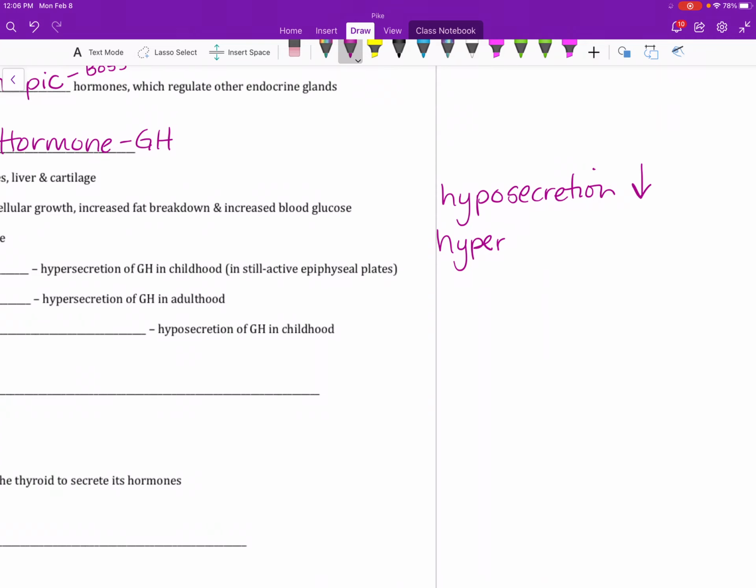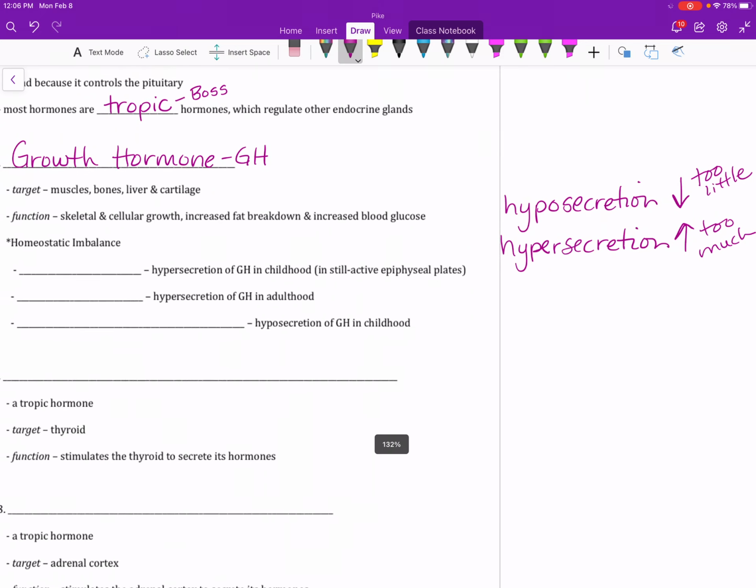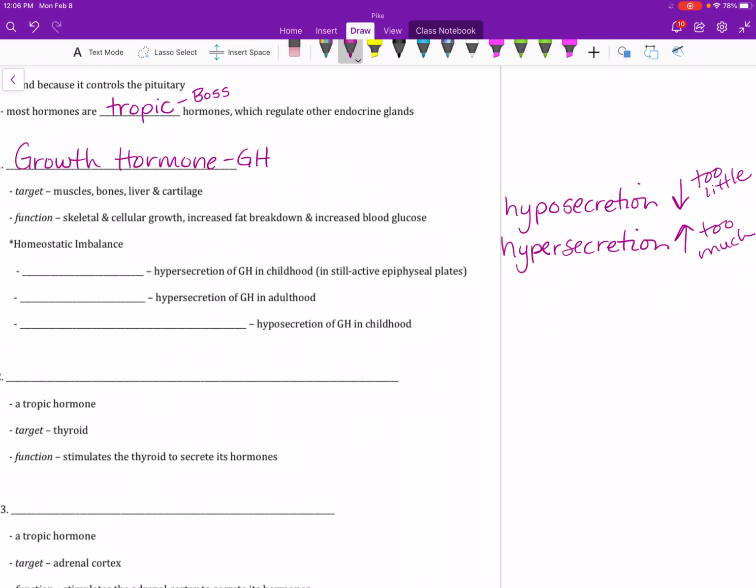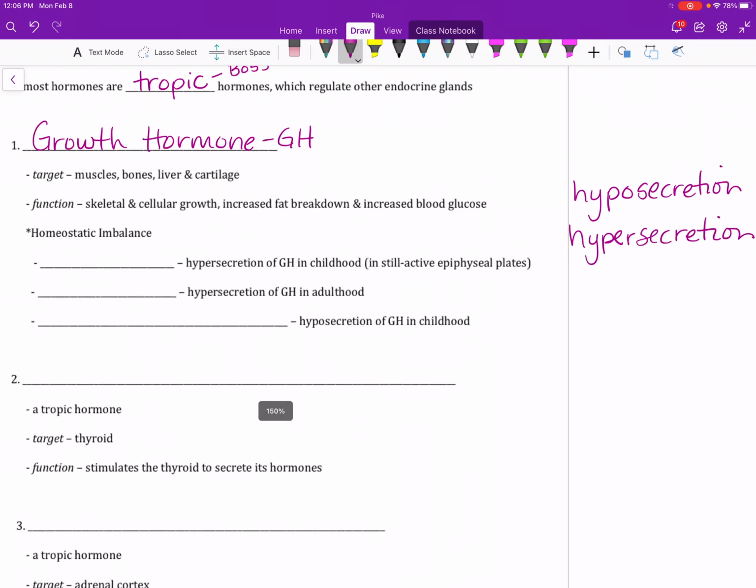And if you have a hypersecretion of that hormone, you have too much. Okay, so here is too little and here is too much. If that hormone is secreted in either of these ways, too little or too much, it can cause great effects on the body. Okay, homeostatic imbalances, where you get off of your homeostasis.